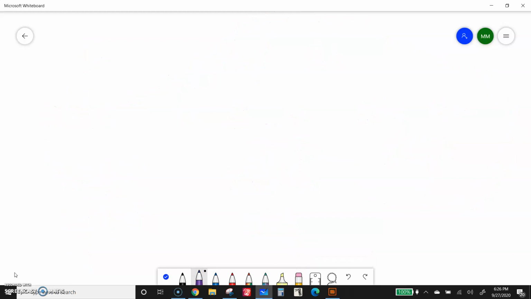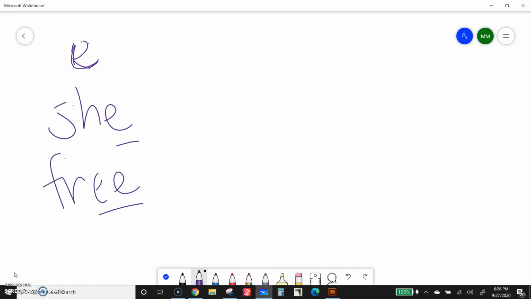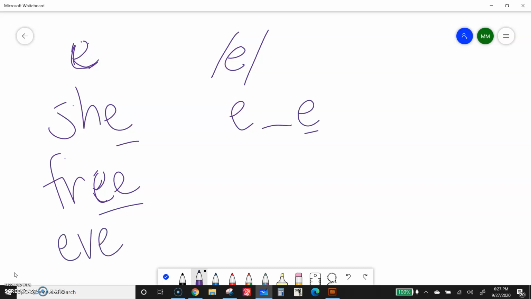With the long E, again, saying its name like she or free, tree. Anytime you hear that long E sound. So to write it, sometimes we have just the single letter. Sometimes you'll have E blank E, just like with A, that bossy E makes it say its name, like Eve, the night before something.